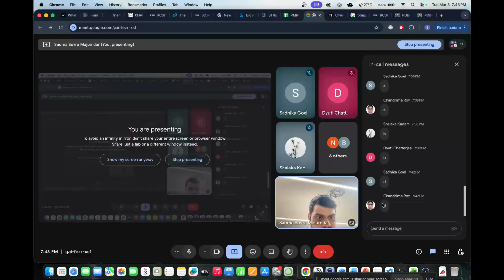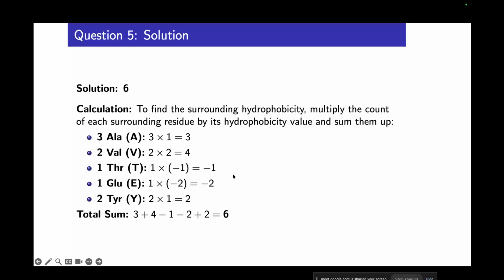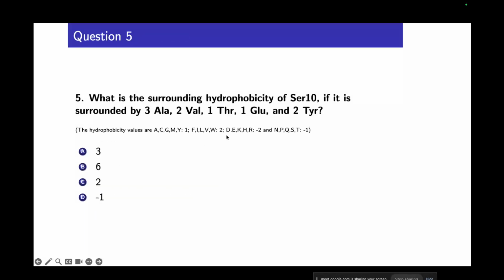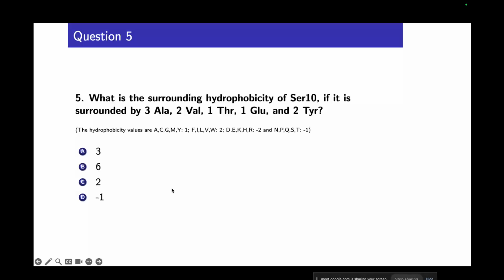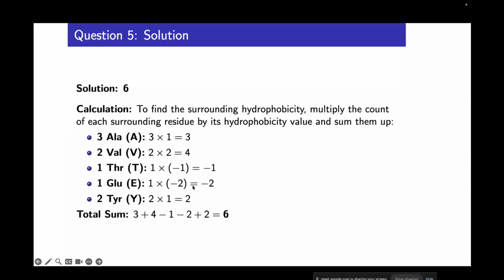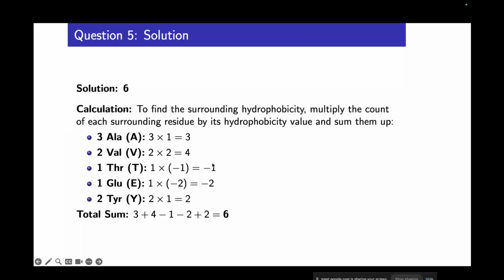I think it's 6 if I'm not wrong. So 3 alanine is 3. 2 valine is 2 times 2, 4. 1 threonine is 1 times -1. 1 glutamic acid, 1 times -2. 2 tyrosine, 2 times 1. Yeah, I think it's 6.